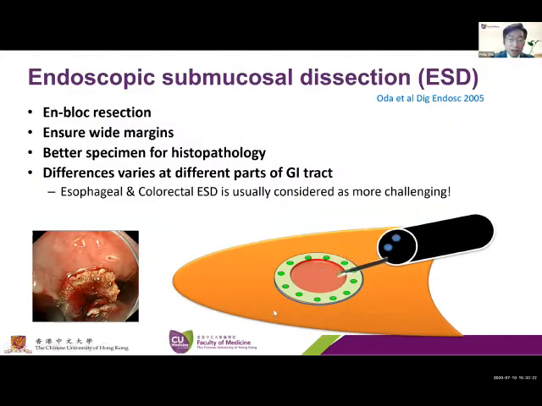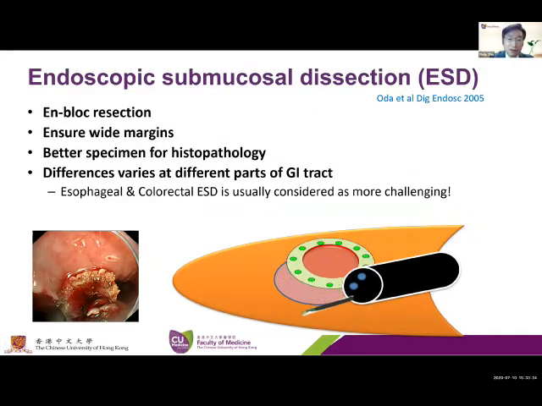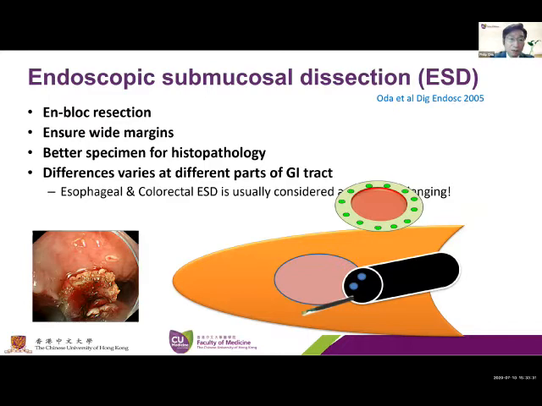That is the reason why our Japanese colleagues pioneered endoscopic submucosal dissection, or ESD. It can achieve en bloc resection for local early GI cancer. It can also ensure a wide resection margin with a better specimen for histopathology.